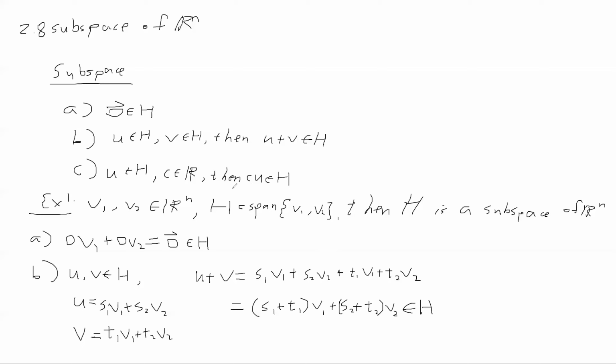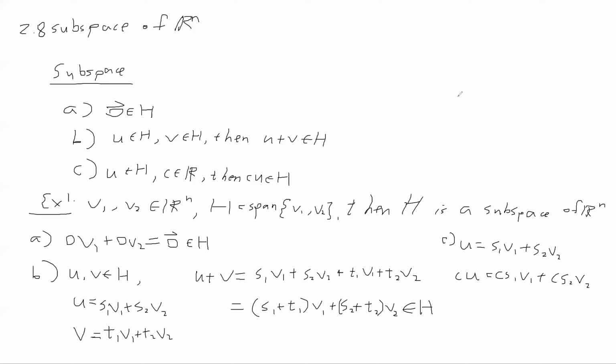Now C, that's a pretty easy one, right? So let U be S1 V1 plus S2 V2. Then some scalar multiple CU is going to be CS1 V1 plus CS2 V2.